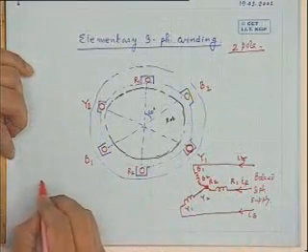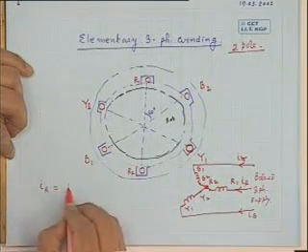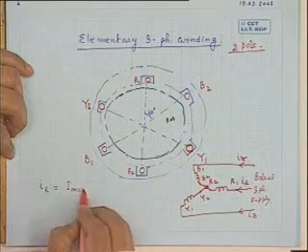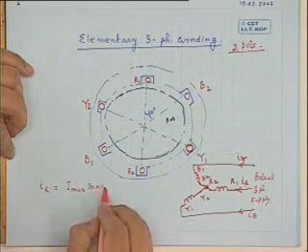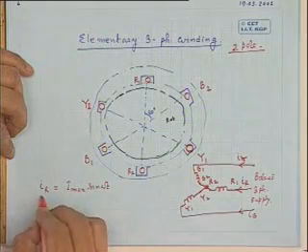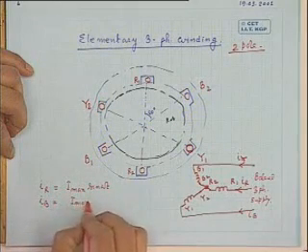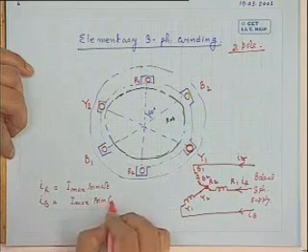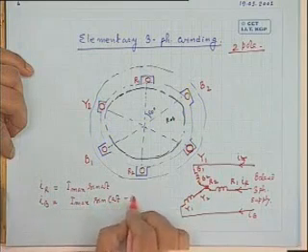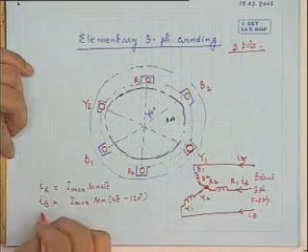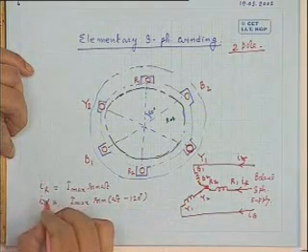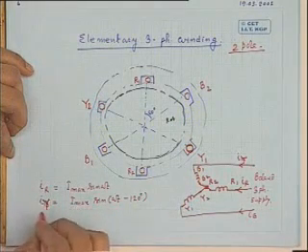Now, the currents are balanced three-phase current. So I can assume that IR is equal to I max sin omega t. IY is equal to I max sin of omega t minus 120 degree.